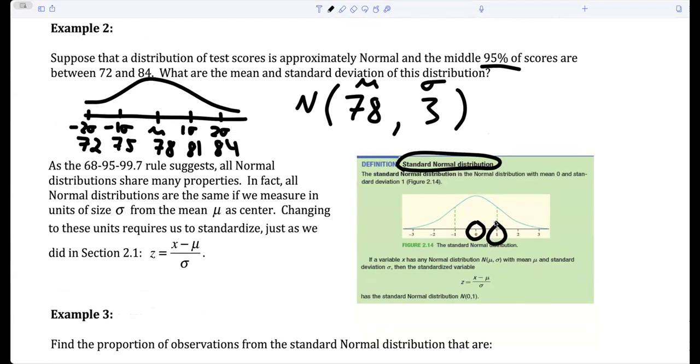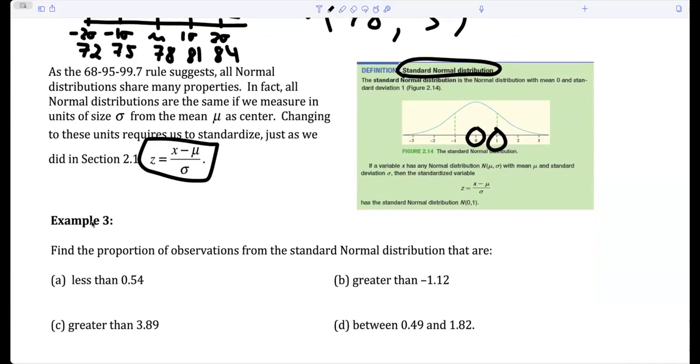It corresponds to what we did in the last section, which is a z-score. So a z-score is defined as the observation x minus mu over the standard deviation.